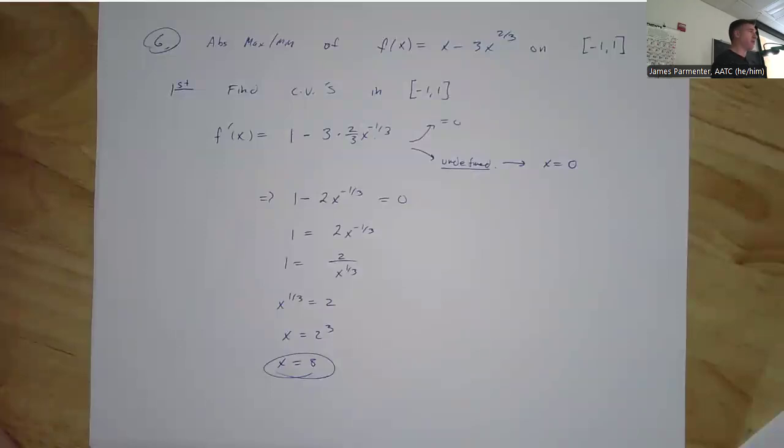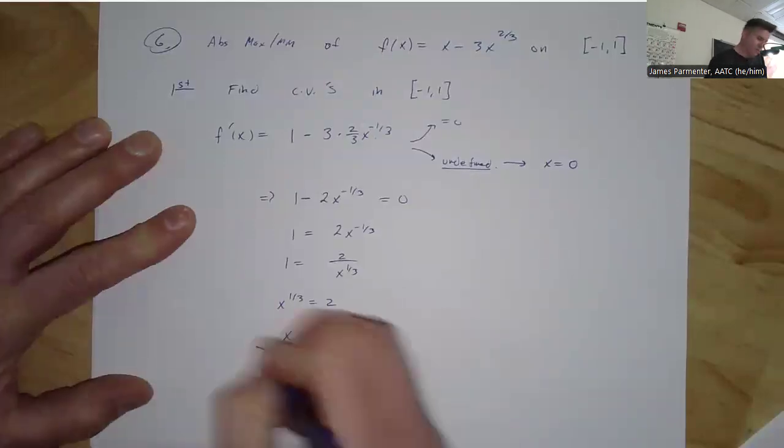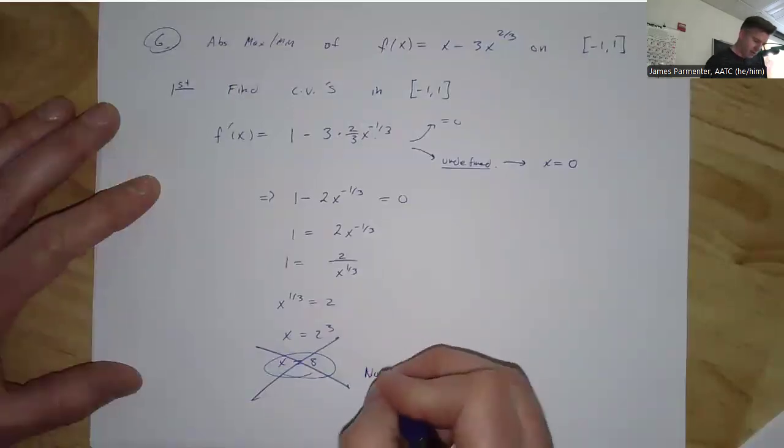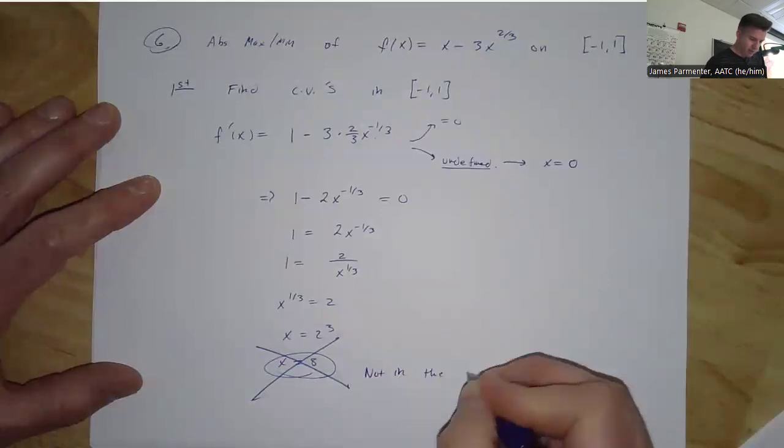So yes, x equal to 8 is a critical value, and we don't care because it's not between negative 1 and 1. So not in the interval.